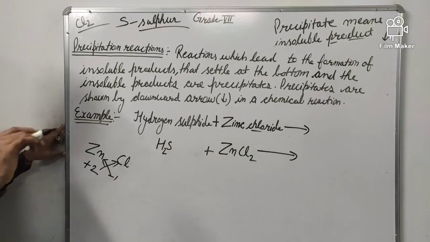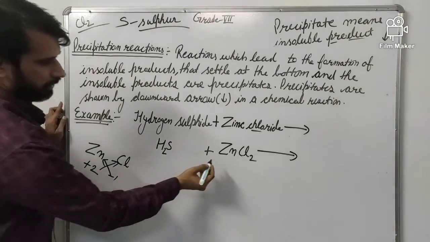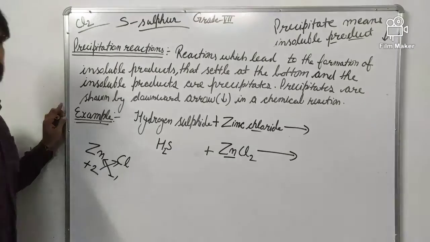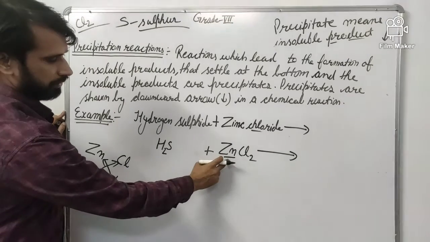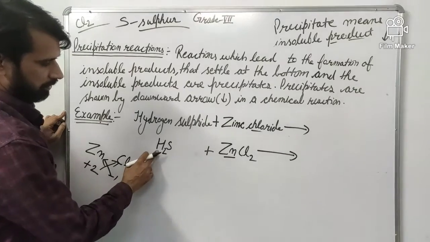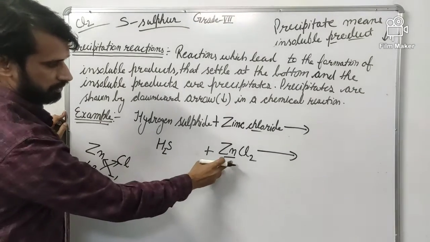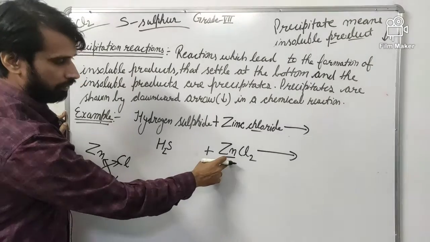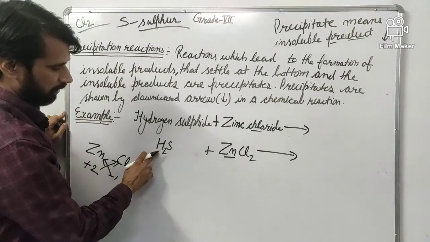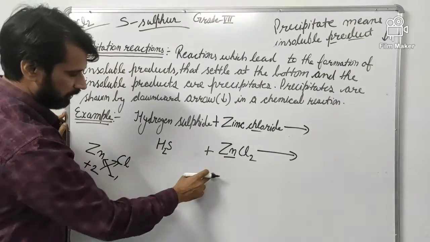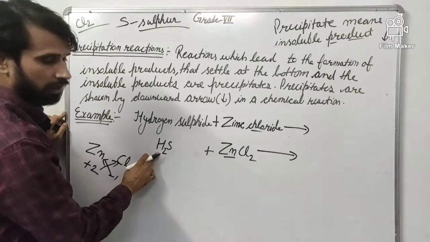Okay, now look how the reaction will carry out. So first of all, look at this. Zinc is a metal. Metals are always reactive. So it means zinc attacks this non-metal hydrogen. Because zinc is more reactive, more powerful, it easily takes the place of hydrogen. Zinc takes the place of hydrogen.